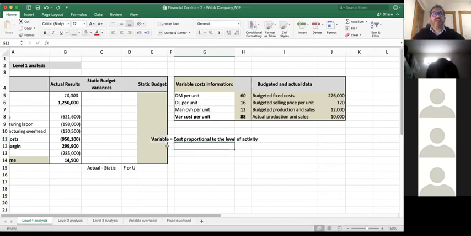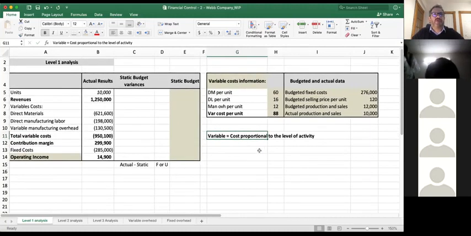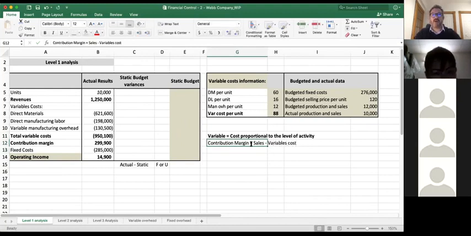Fixed cost is a lump sum. The contribution margin is sales minus variable cost, and it can be calculated total or per unit.